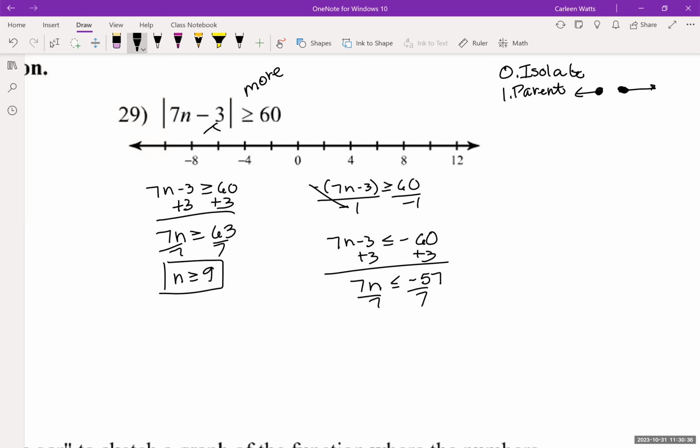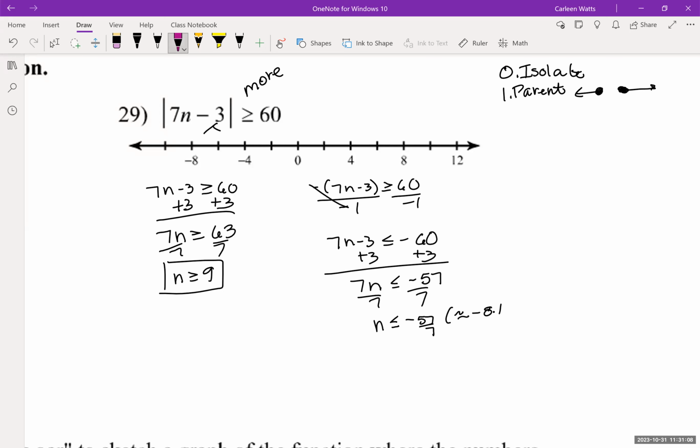Divide by 7, n less than or equal to -57 sevenths, which is approximately equal to -8.1. Okay, now we go back to our parent graph, we're expecting ORs.